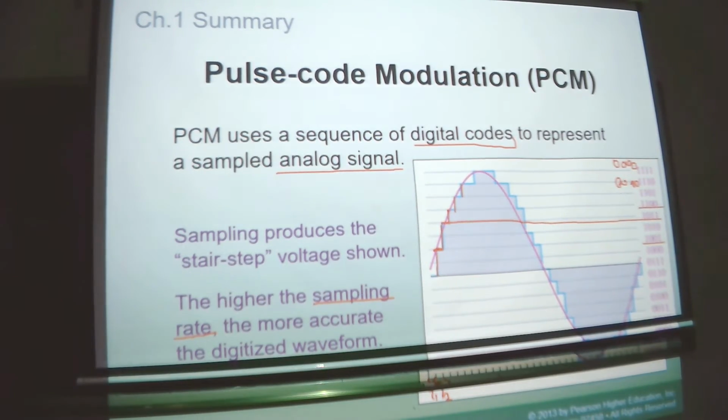We use symbol F to represent sampling rate. Then it is high. Okay, we will study this concept later.